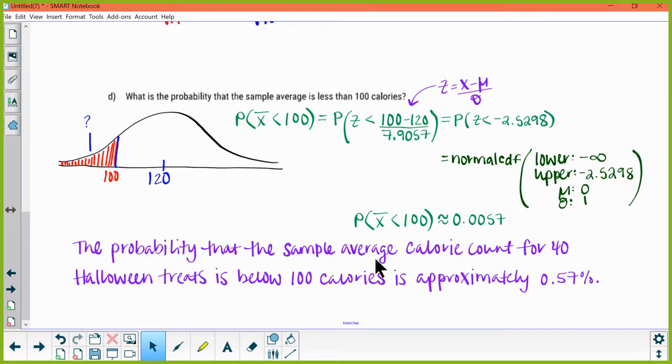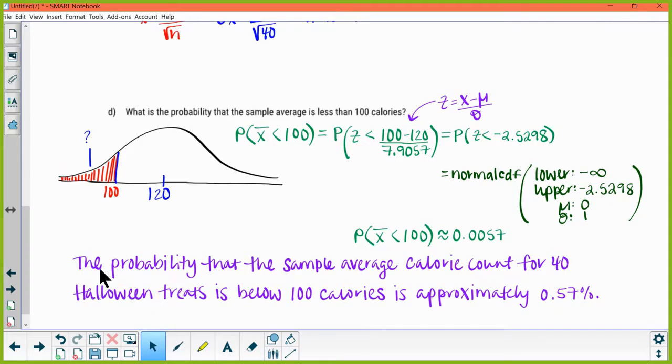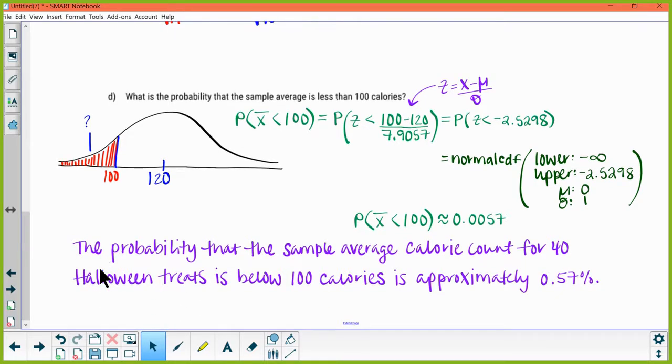Sample average, you do want to indicate that you're doing means, and you do want to indicate your sample size, because that does change the value that you get for your probability, because it's used to calculate standard deviation. So you do want to say, I did this based on collecting samples of 40 Halloween treats. And again, always include your percentage. Very, very important.